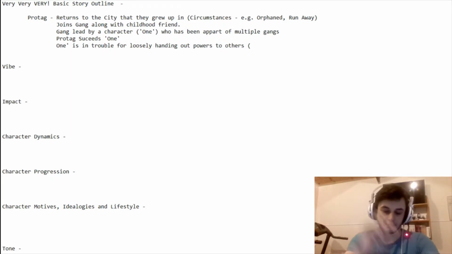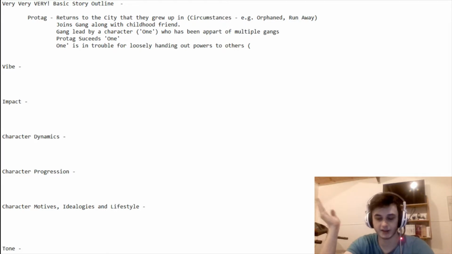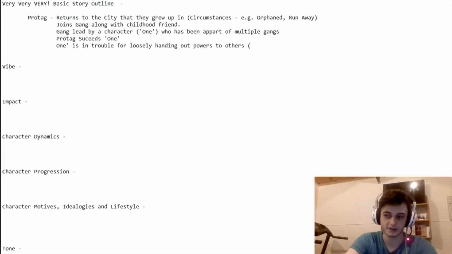When we first encounter One, as we're calling him now, he's in a very unique situation where he needs to hand powers out and gain loyal members, and he should really only be aiming to get loyal members to his gang, which means he would be preying on people in a vulnerable position, which makes you question the morality of a character that we're following heavily.